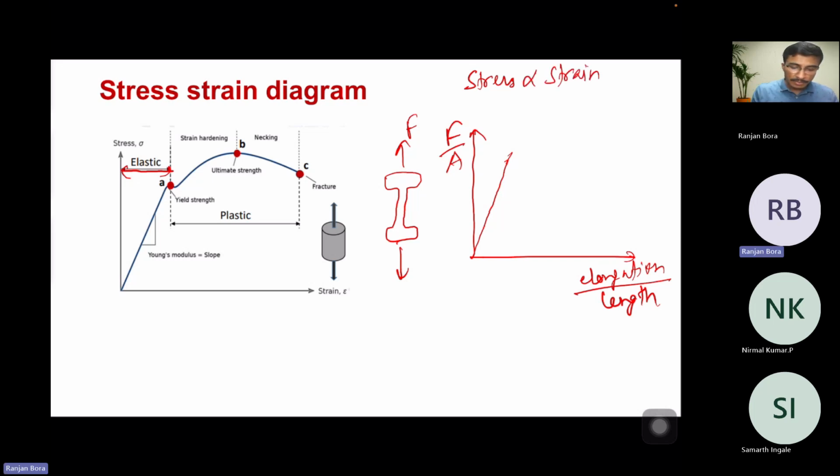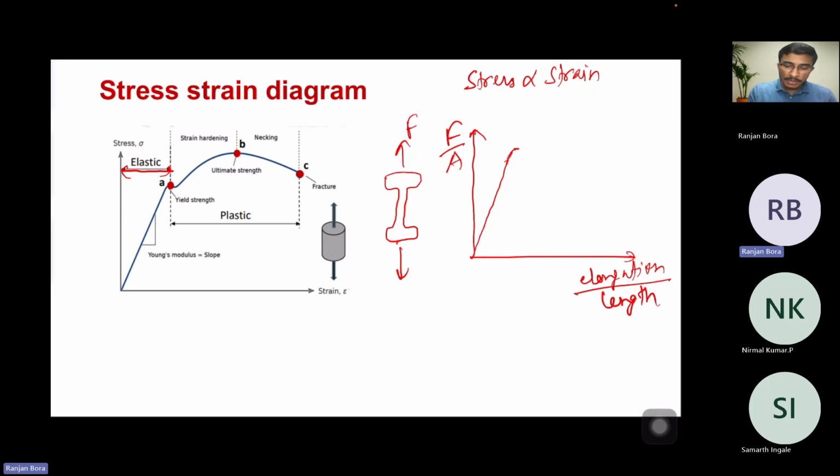In the elastic region, the material can get back to its initial shape, but after crossing the elastic region, the material is permanently deformed and it can't get back to its initial state.